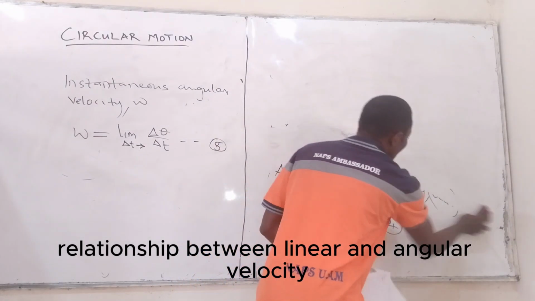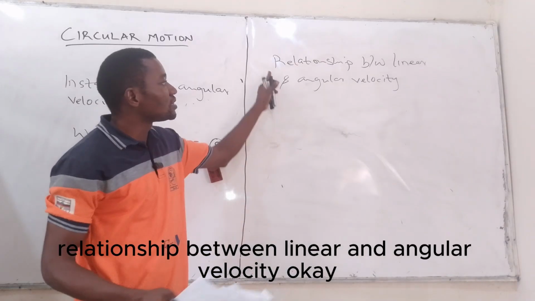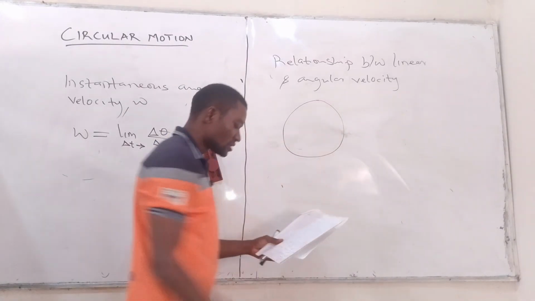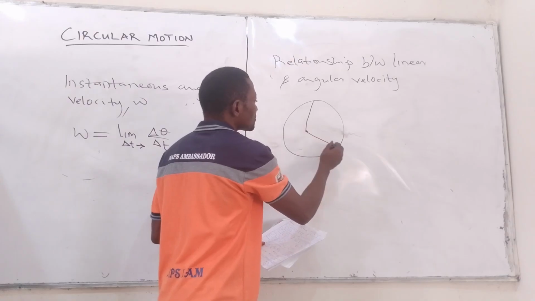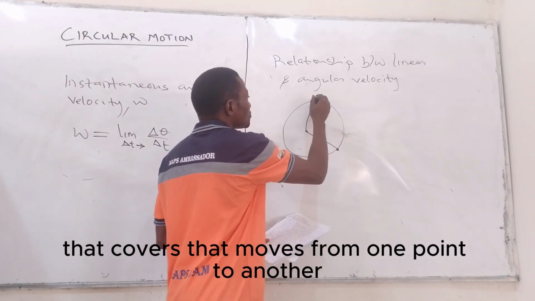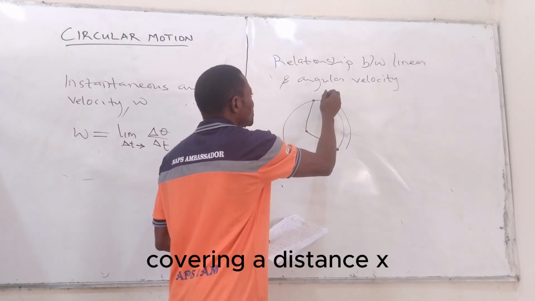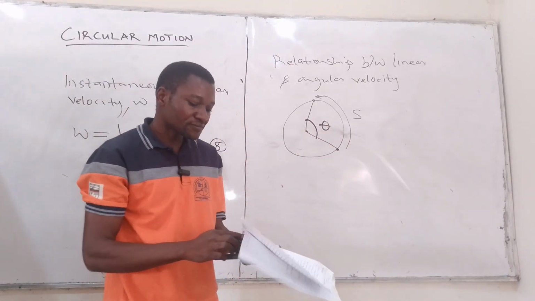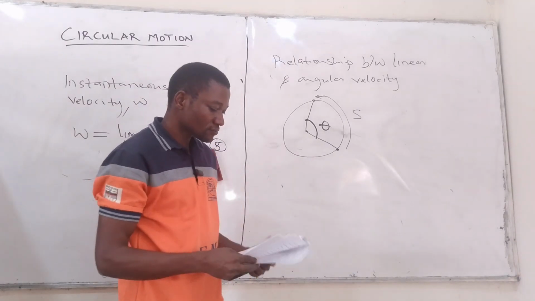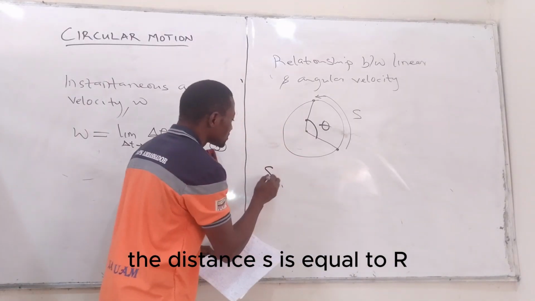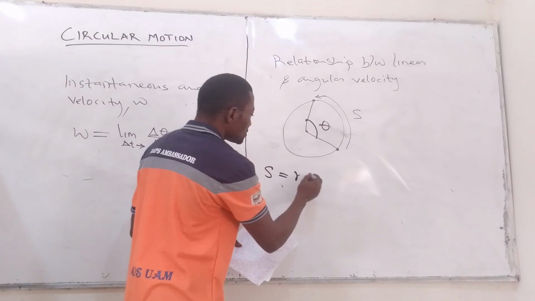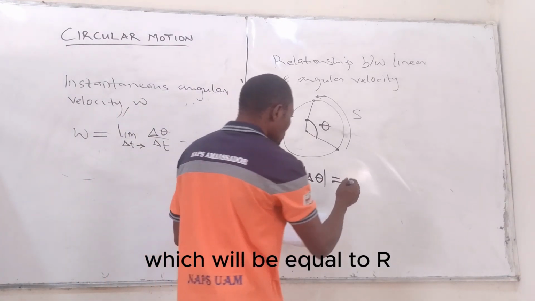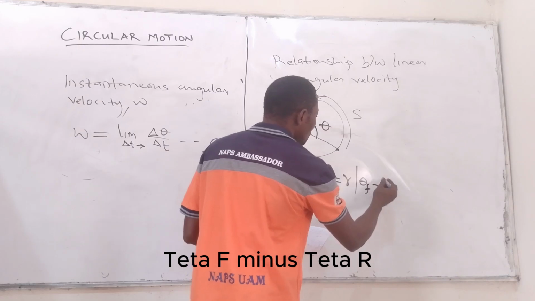If you have an object that moves from one point to another, covering a distance s as well as an angle theta, we can have that distance s is equal to r times the change in angular displacement, which will be equal to r times theta f minus theta i.